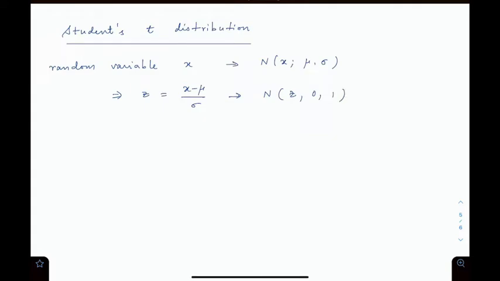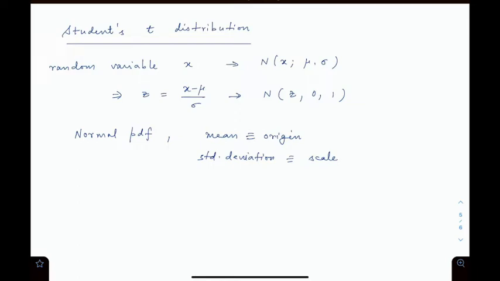So in the normal probability distribution function, the mean determines the origin, and the standard deviation determines the scale. So when we transform from x to z, both these dependencies are removed.